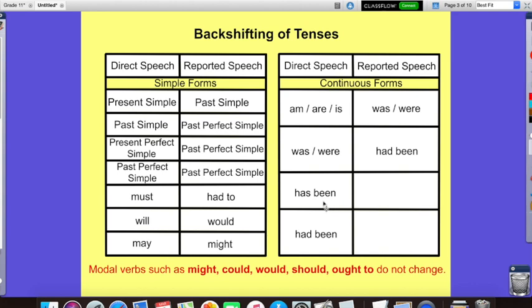Has been singing changes to had been singing. Had been traveling, for example, stays the same. It doesn't change. Modal verbs such as might, could, would, should, ought to do not change.